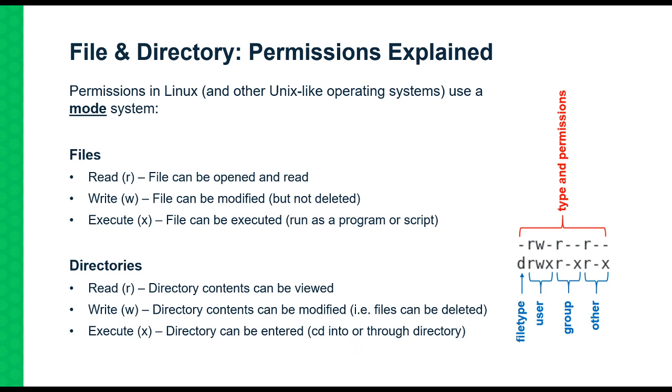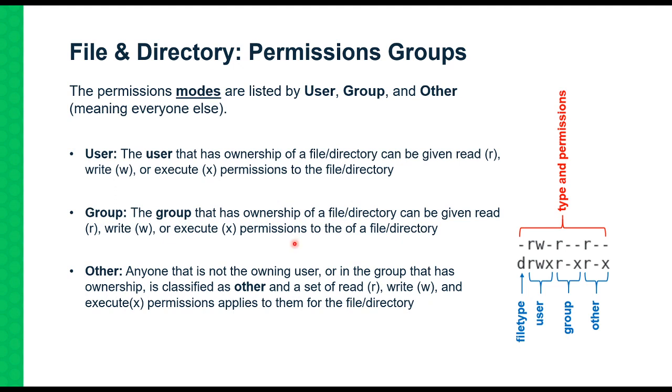So next, let's quickly look at our permission groups, the file and directory permission groups. The permission modes are listed by the user, the group and the other. Let's first look at how the setup of our permissions looks.